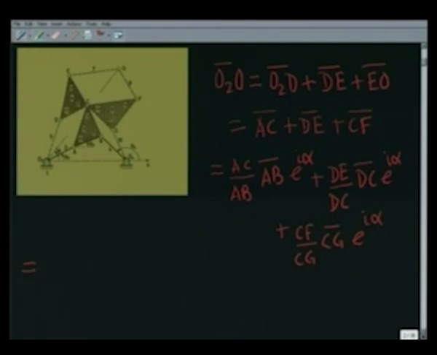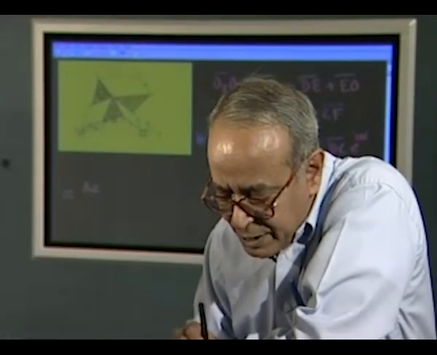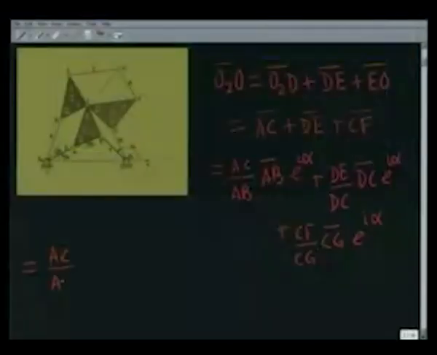Now, as we see, because these three triangles are similar triangles, AC by AB is same as DE by DC, it is also same as CF by CG. So, all these three ratios are same. I can take any one of them, say AC by AB. That I can take common from all these three expressions. Same is true for e to the power i alpha. So, that also I take common.